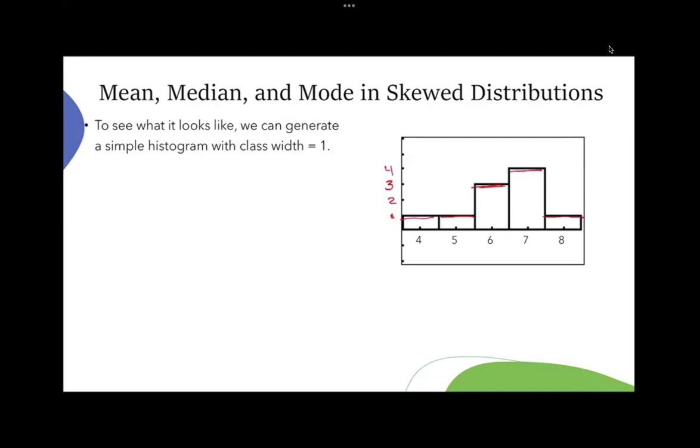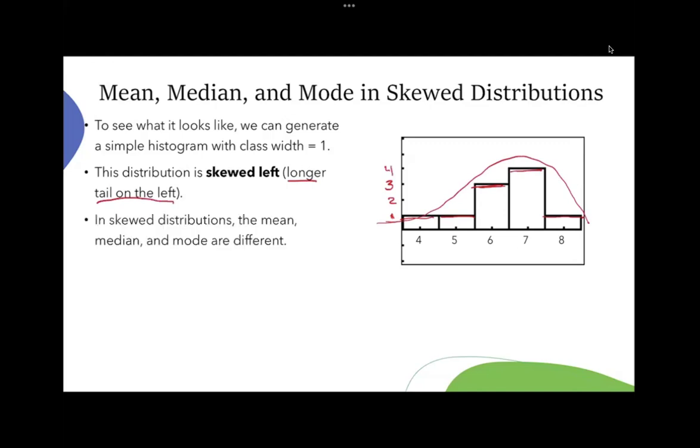This is what this graph would look like, and it would tend to look skewed left. There's a longer tail on the left, and we see that with our skewed distributions. Now, in skewed distributions, unlike symmetric distributions, we don't have the same mean, median, and mode. They are all different.